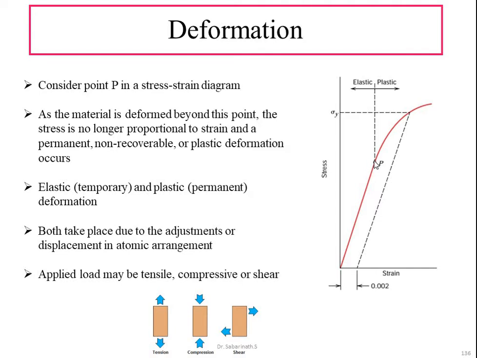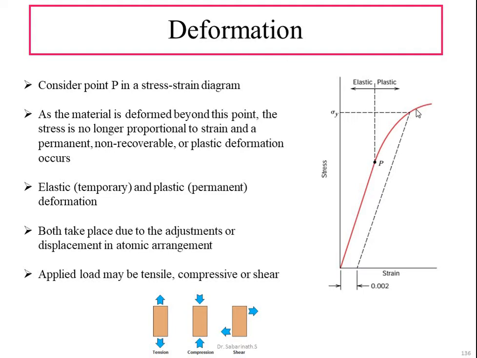The reason is that until this point, the deformation will be elastic. Beyond this one, the deformation will be plastic. Elastic in the sense that at any point between the origin and P, if we withdraw the force, it will come back to the original shape.